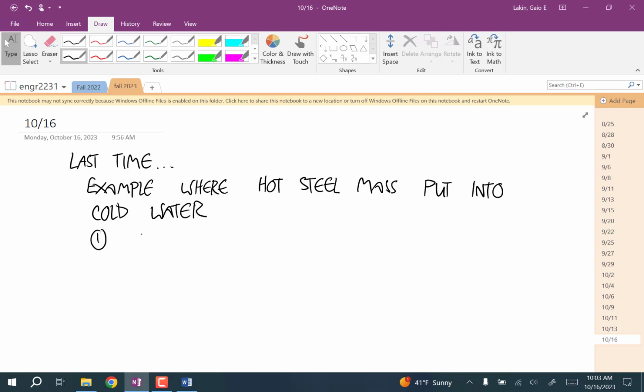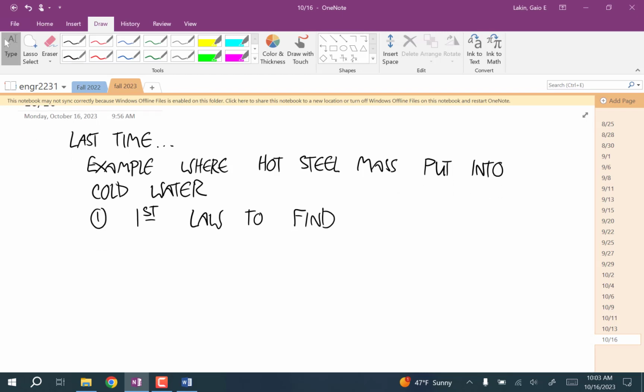First, we used the first law to find the equilibrium temperature that they came to. So what's the temperature when they both are the same temperature?